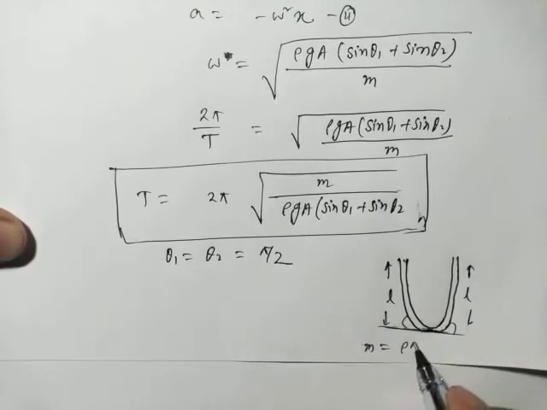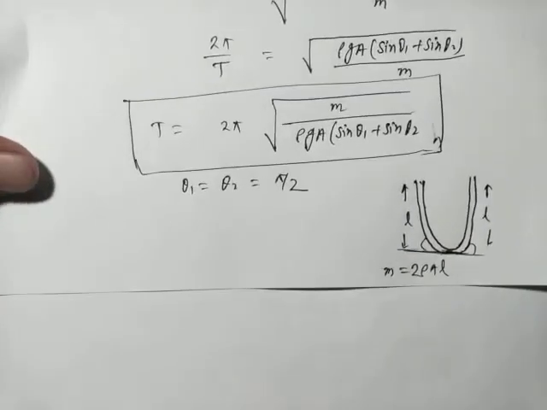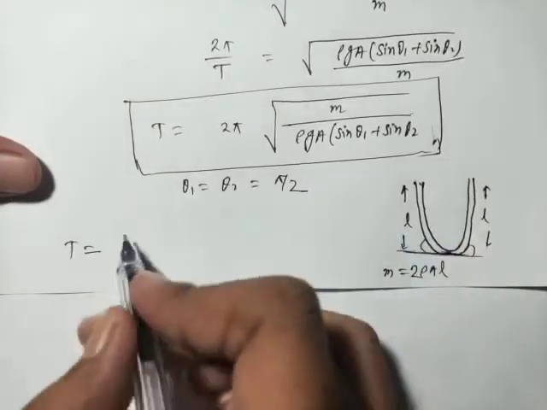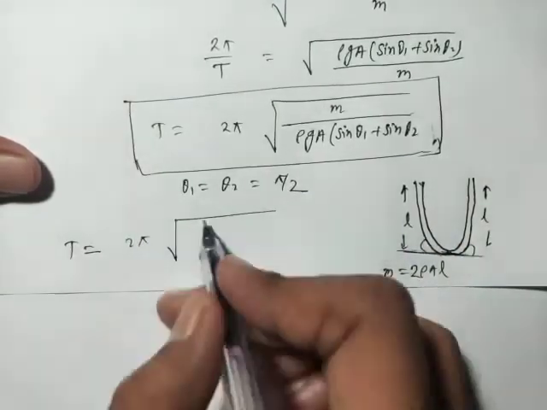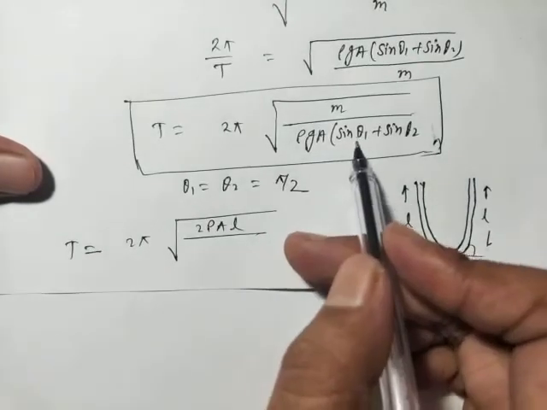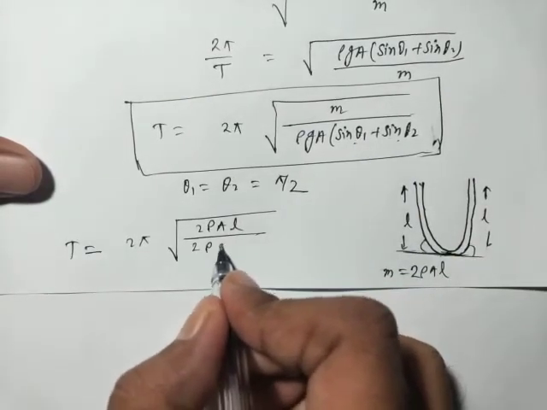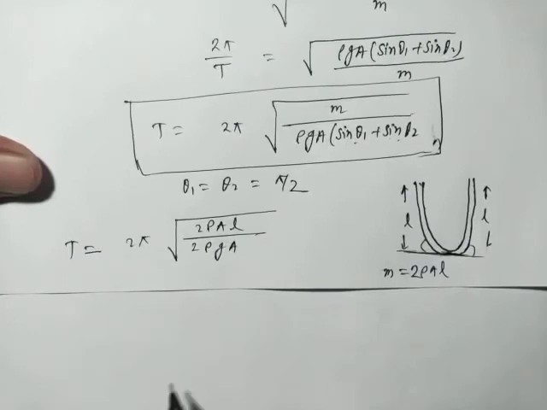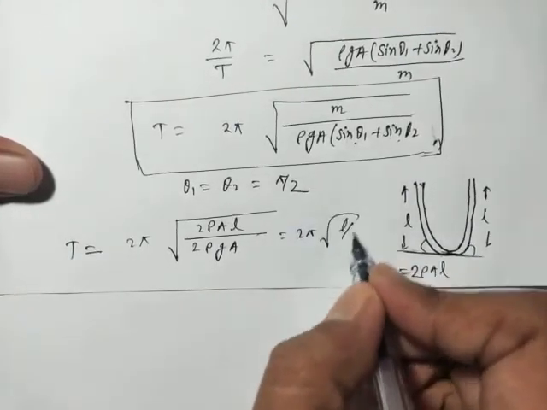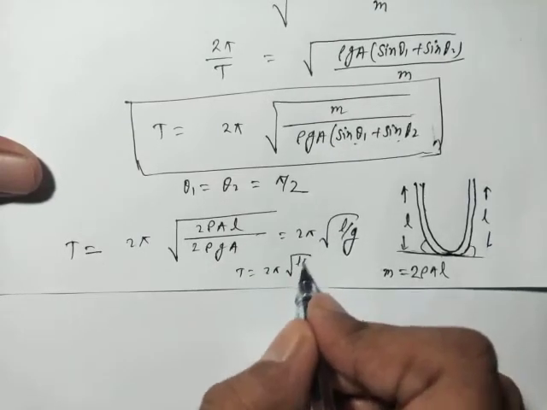Volume into density, so rho A L, and for two sides it will be 2 rho A L. Substituting these values, T will be 2 pi root of 2 rho A L divided by (sin 90 plus sin 90, that is 1 plus 1, which is 2) times rho g A. So A cancels out, rho cancels out, and it will be 2 pi root L by g. This is our well known expression, T equals 2 pi root L by g.